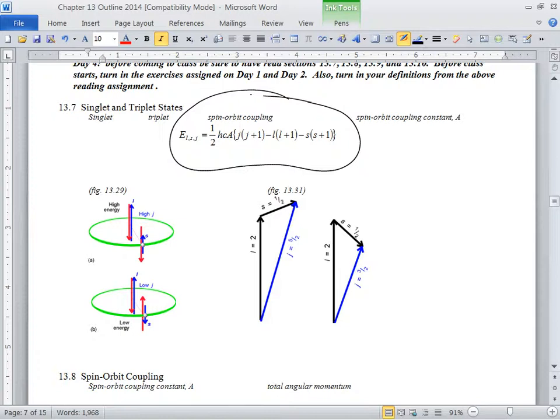Figure 13.29. Trying to see what the red and the blue are. Those arrows are magnitudes, but of what type of orbital are they talking about?